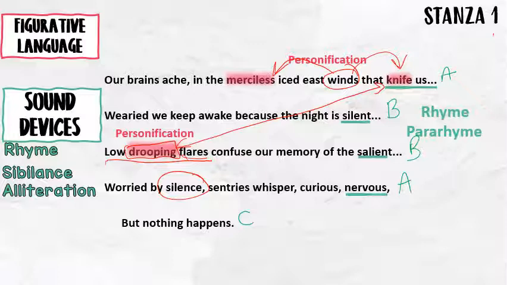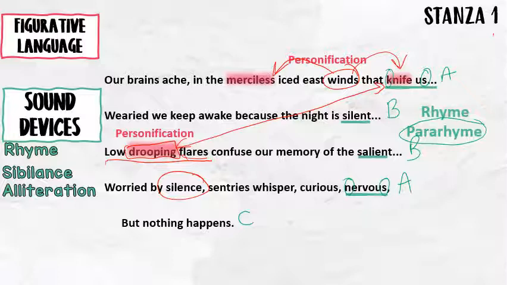That's because Owen is using a pararhyme, and this is what I find really interesting about the way that he's written this poem. A pararhyme is the same consonant sounds. So you can see knife, nervous, us, nervous.